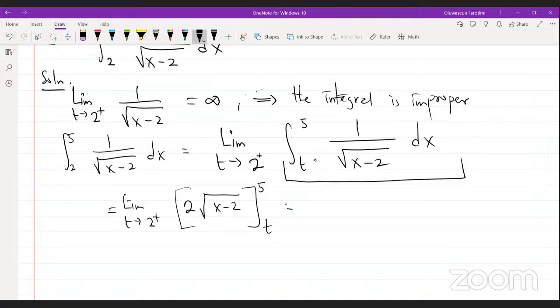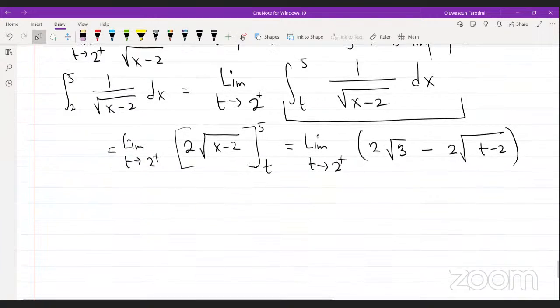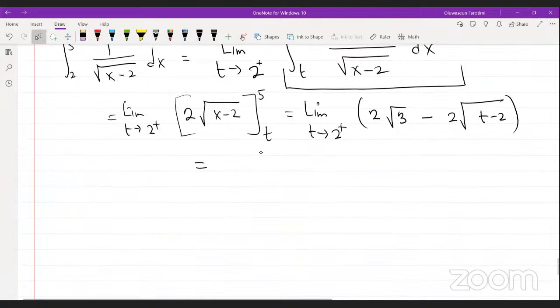So now I have to plug in my bounds. As t goes to 2 from the right, if you plug in the top, you get the square root of 5 minus 2, that's 3. So 2 times the square root of 3, minus, if you plug in the lower bound, 2 times the square root of t minus 2. Now you want to compute this limit.